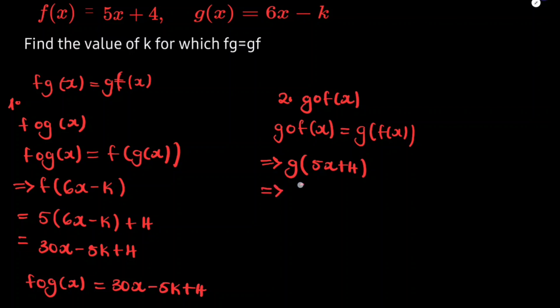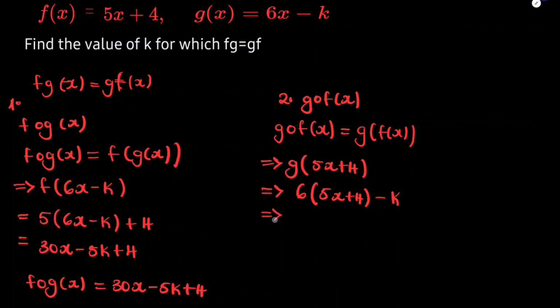So we will have 6 into, so we are replacing x with our f of x function. So this is 6 into 5x plus 4 minus k. Let's expand this. Let's open the bracket. 6 times 5, that's 30x again, plus 6 times 4, that's 24, minus k.